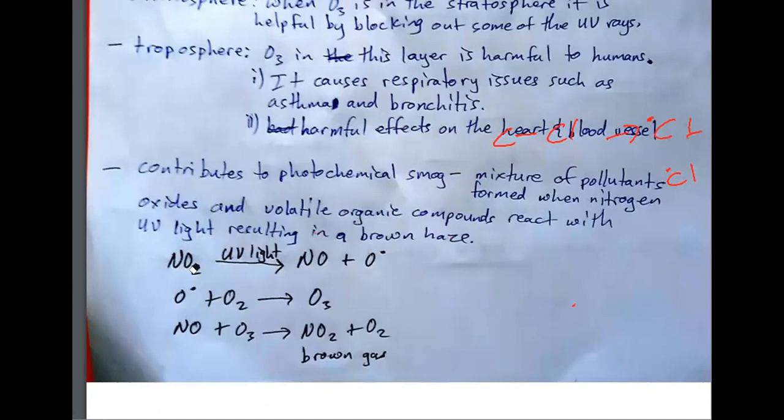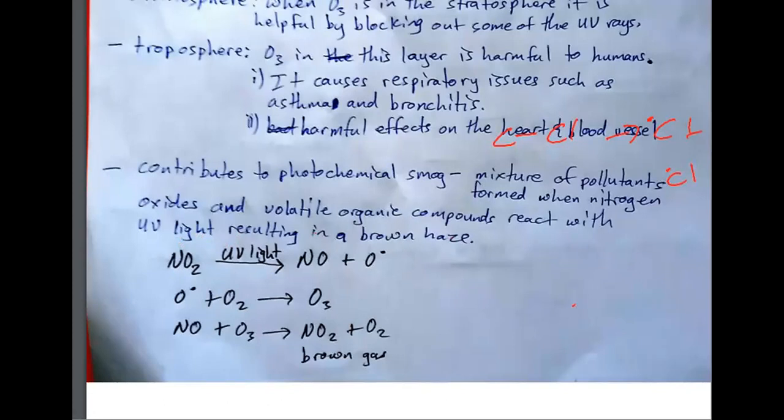So the NO2 is broken down into nitrogen monoxide and the oxygen radical. The radical reacts with oxygen to give you ozone. And then ozone again interacts with NO to give NO2, which is the brown gas.